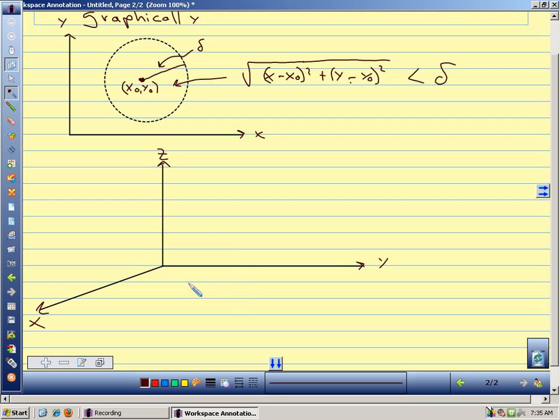So if we're in the xy plane, and here's our open disk in the xy plane. And this is (x0, y0). And we have some point in our open disk, (x, y).